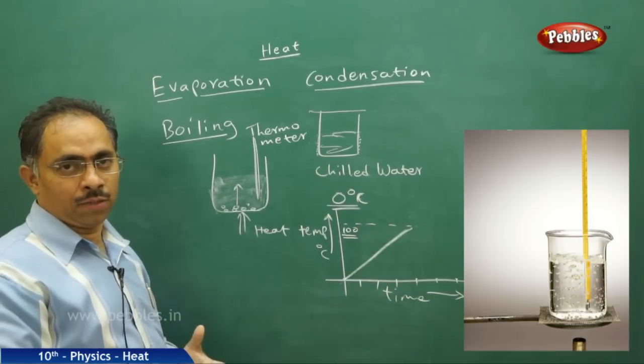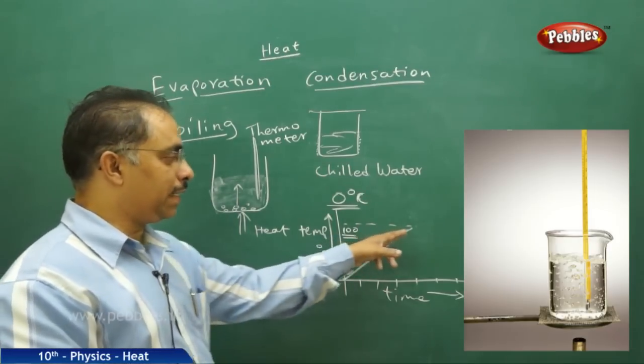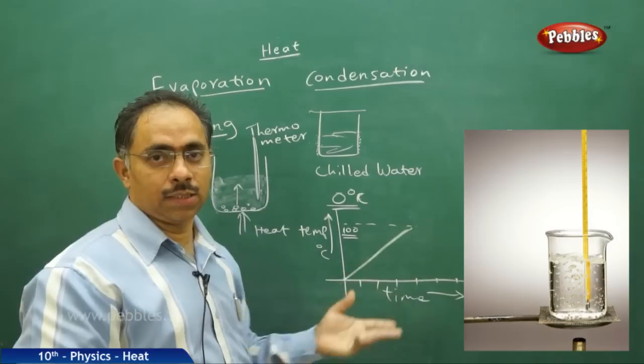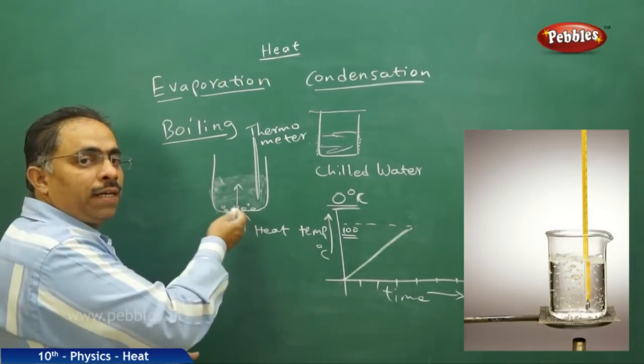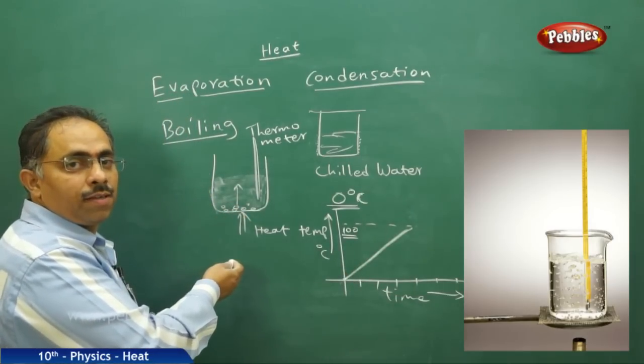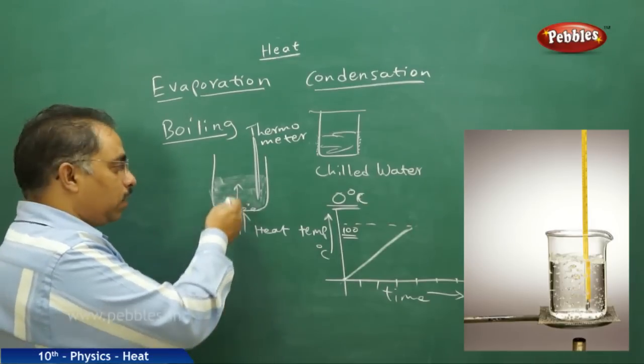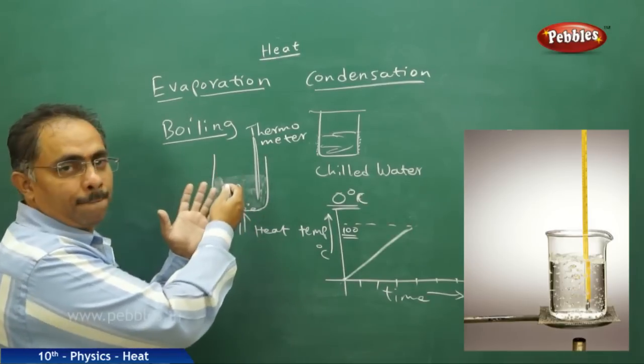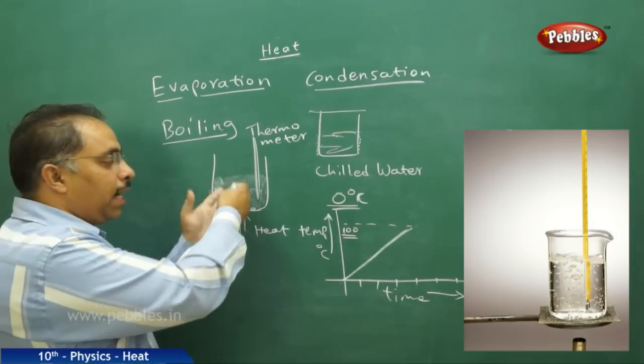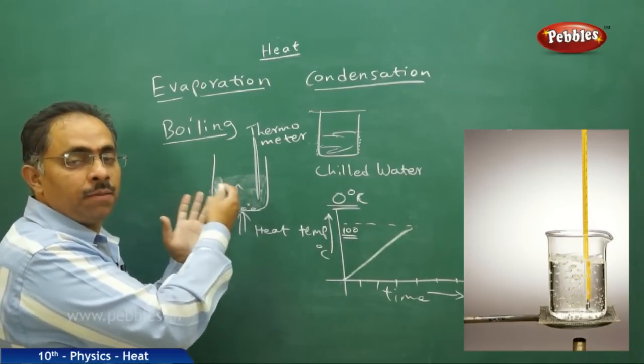That is what is happening over there. But once the water reaches 100 degrees Celsius, you will be able to observe bubbles formed at the bottom of the vessel, where the source of heat is. From that particular location, you will see bubbles coming up and rising upwards, big bubbles.